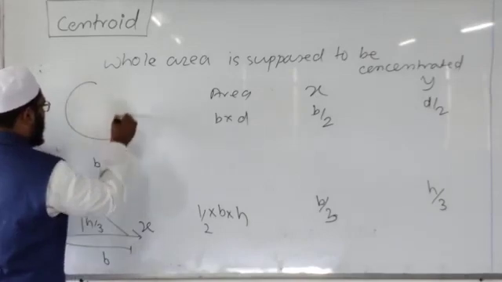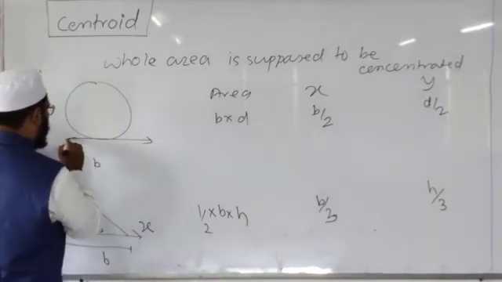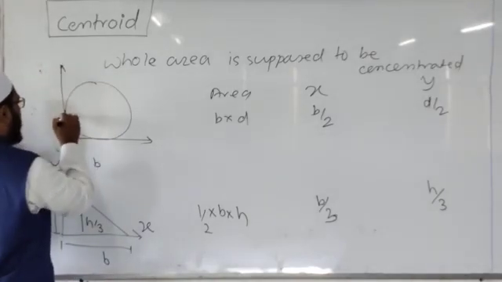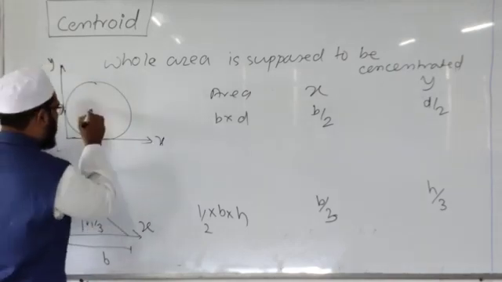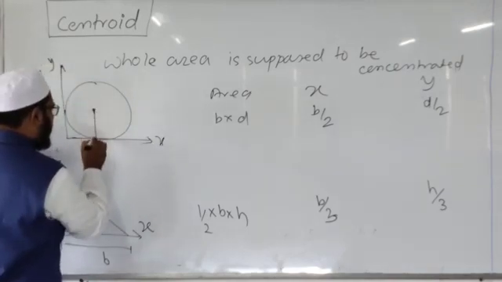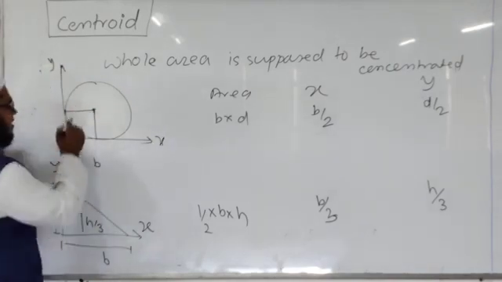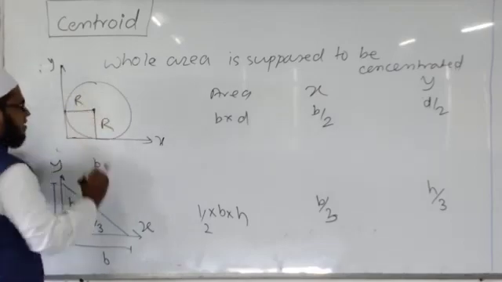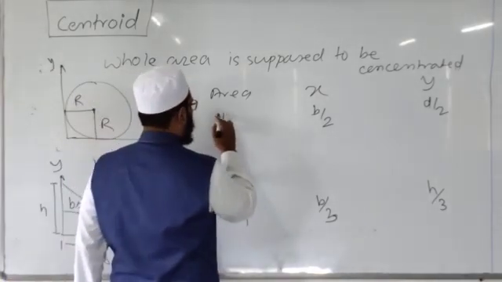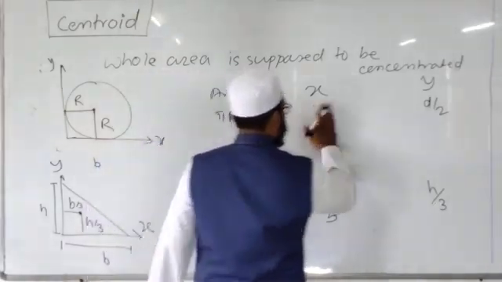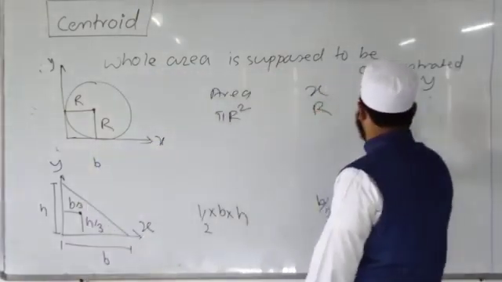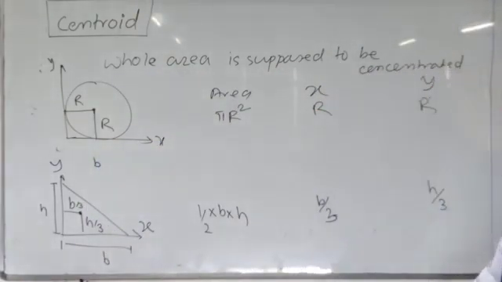Assume that a circle is there, and the axes are lying like this. From standard figures we know that the centroid of the circle is the center of the circle. Area is given by pi r square. The x and y coordinates will be r and r.